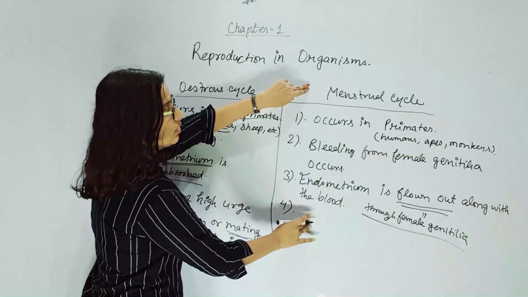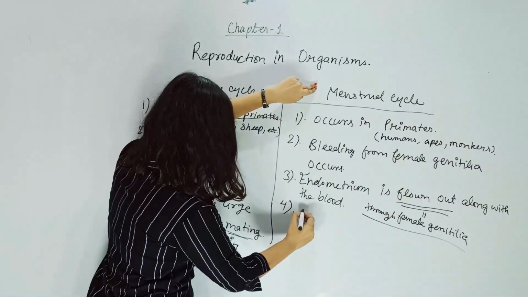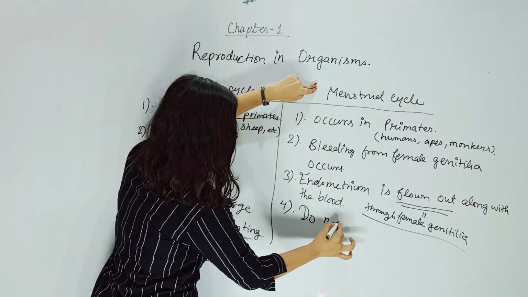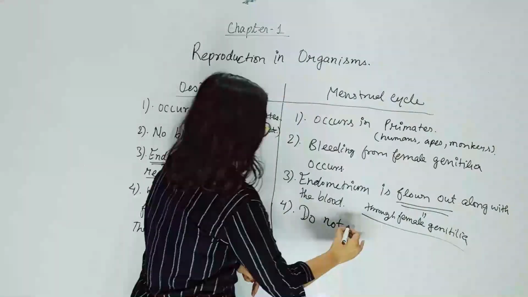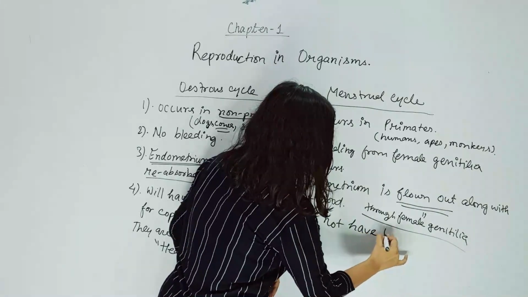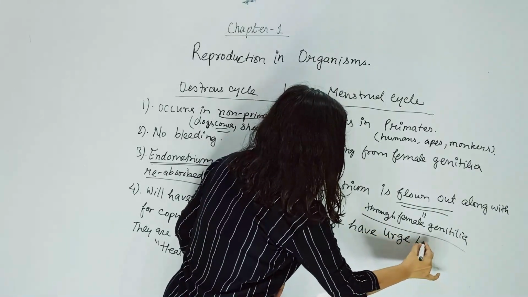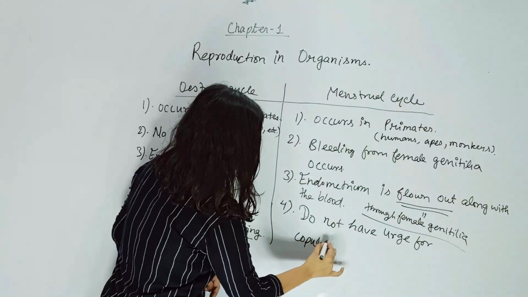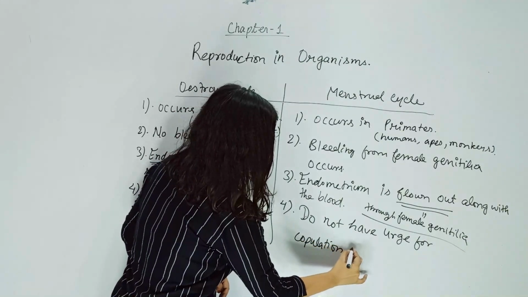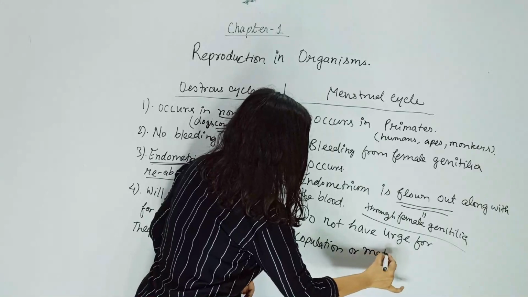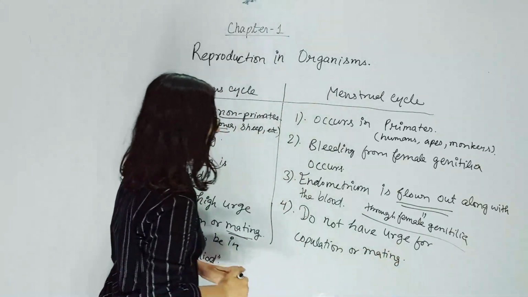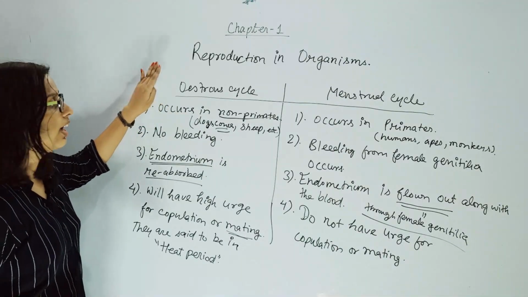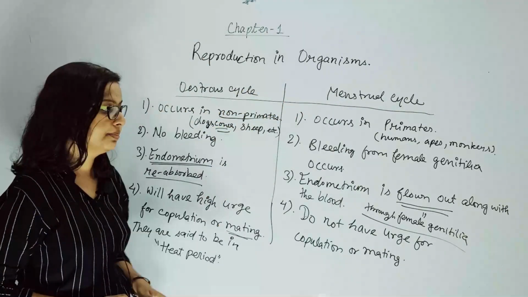The females which have the menstrual cycle do not have an urge for copulation or mating. So these are the four differences between the Estrus cycle and the menstrual cycle.